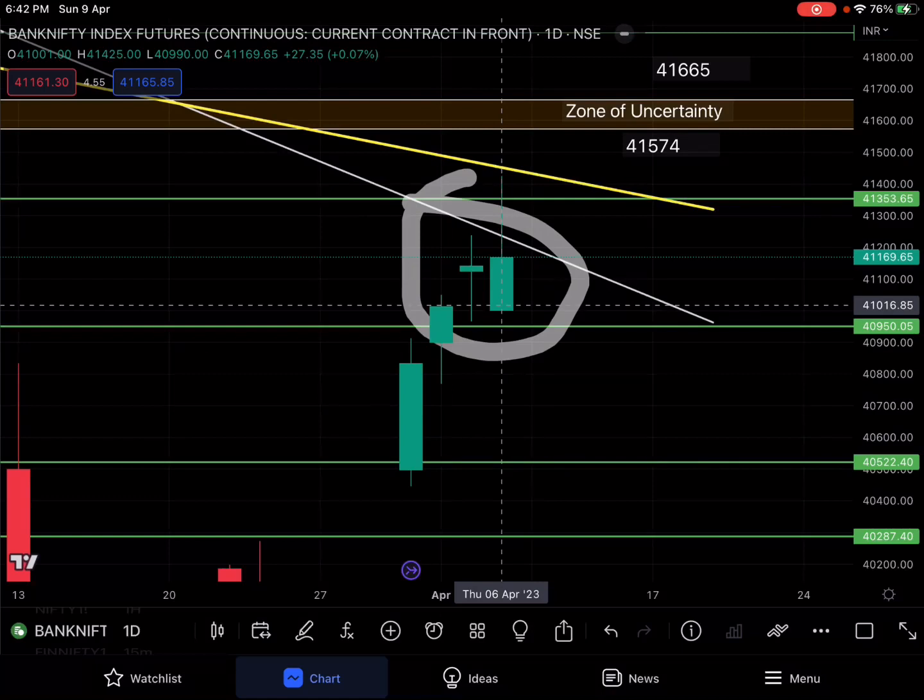So it's very clearly telling us that there is selling or rejection from the top. Whether it is going to reverse from here or not can only be decided later.